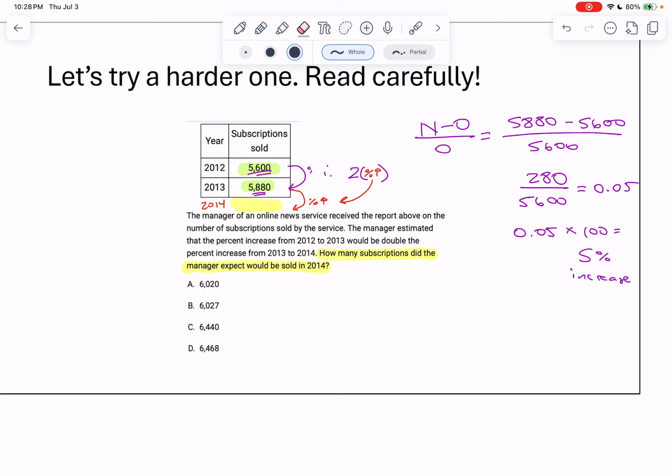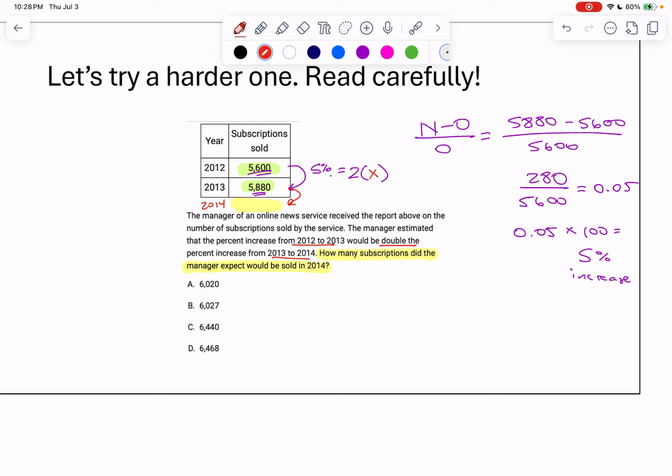Okay, so let's erase this guy. This was a 5% increase. And we know that that is two times whatever the other guy was, right? So if I want to find the percent increase from 2013 to 2014, I know that the increase from 2012 to 2013 is double whatever it is that I'm looking for, that X there.